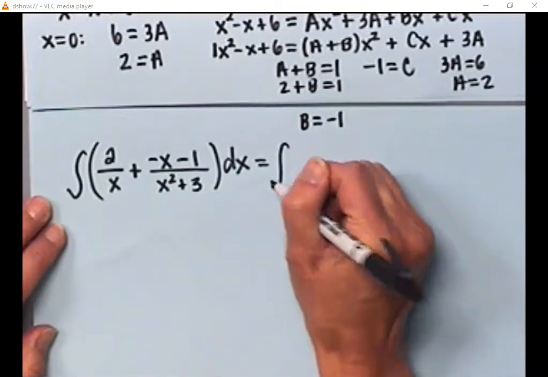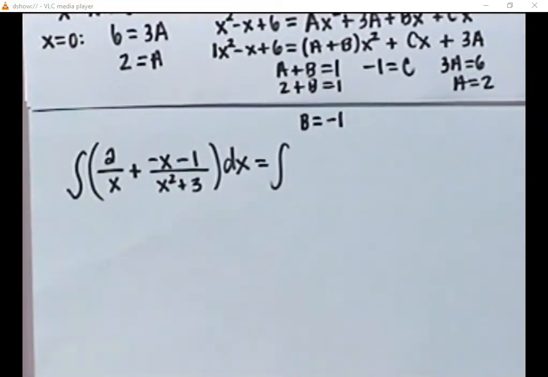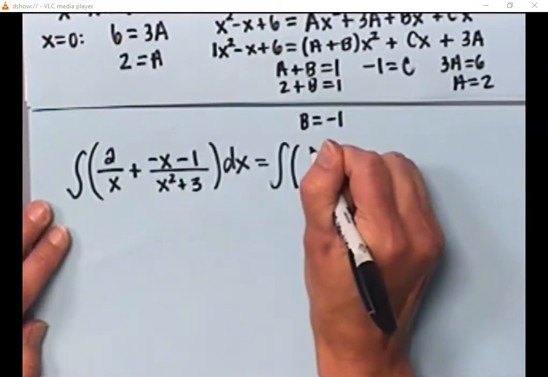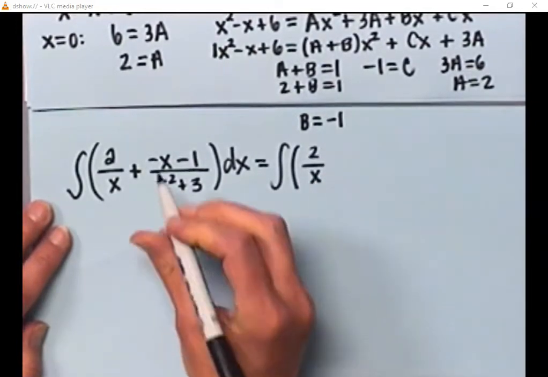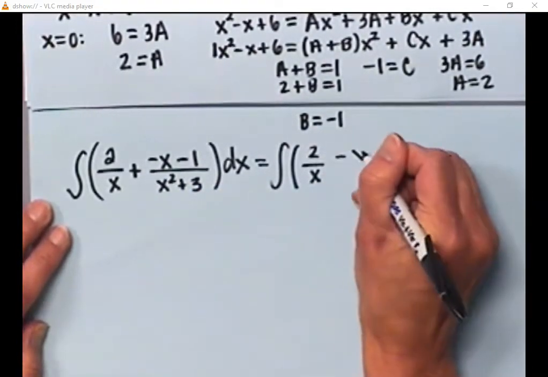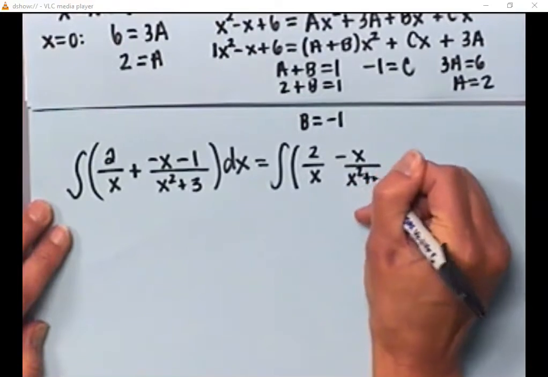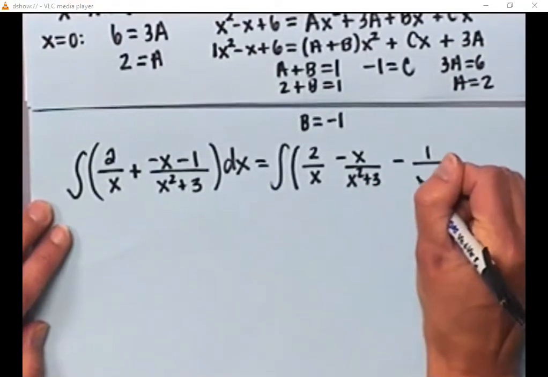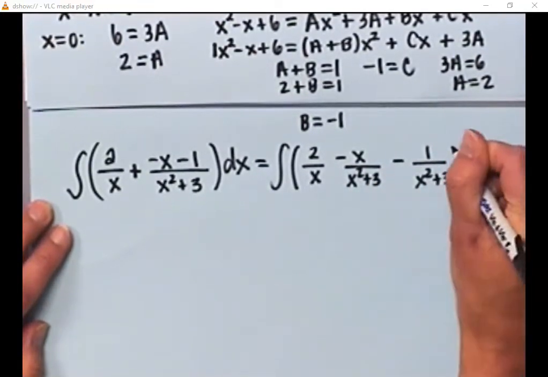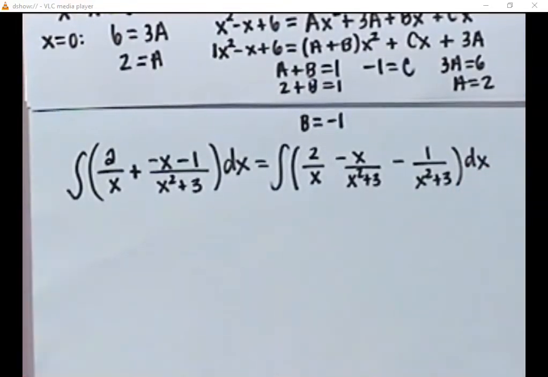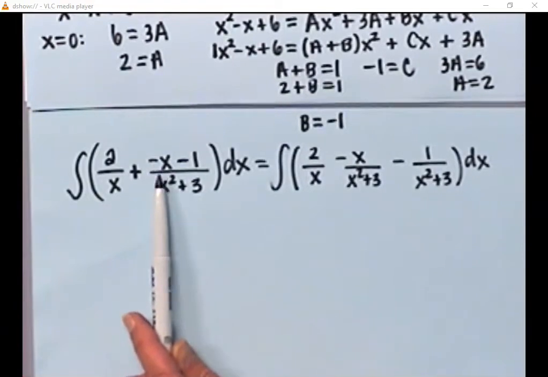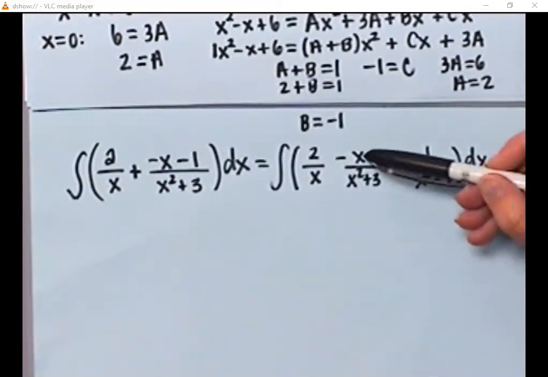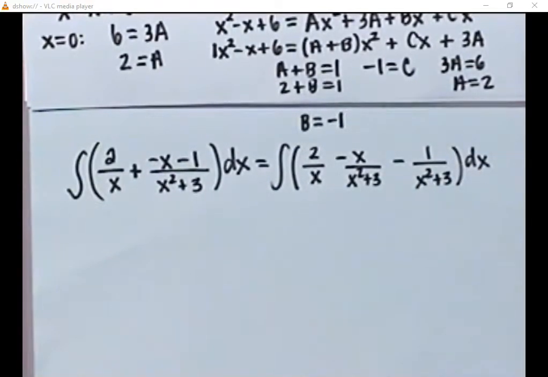You could split them up into 2 separate fractions. So now what I could have is 2 over x, and now I could put this negative x over the denominator separately from the negative 1. So that's usually how you're going to integrate, is when you get a quadratic factor like this, the 2 terms, by splitting them up. Remember, you can split up the numerator, just not the denominator.